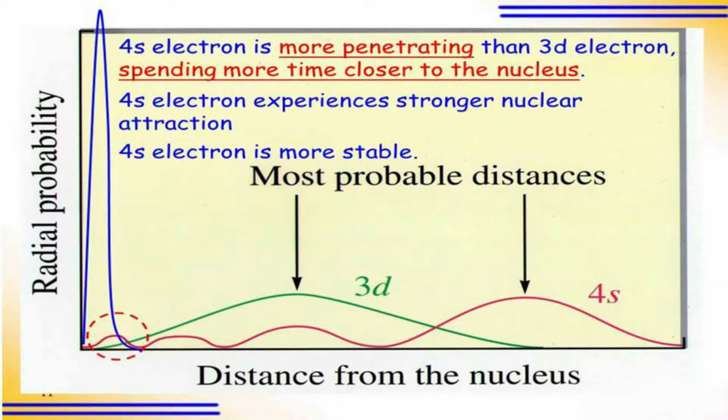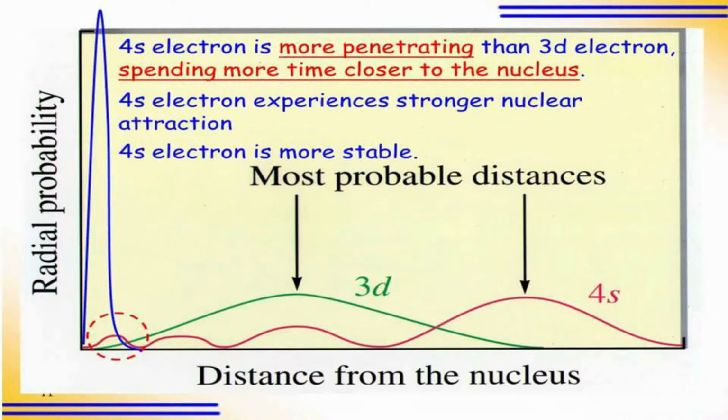So though the 3d orbital's spread is less, the 4s orbital is of lower energy. Which term do we use for that closeness? Yes, penetration. The 4s orbital is more penetrating than the 3d orbital, therefore its energy is lower.